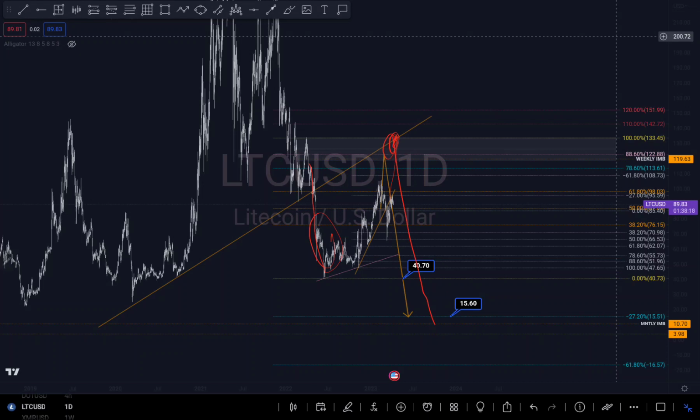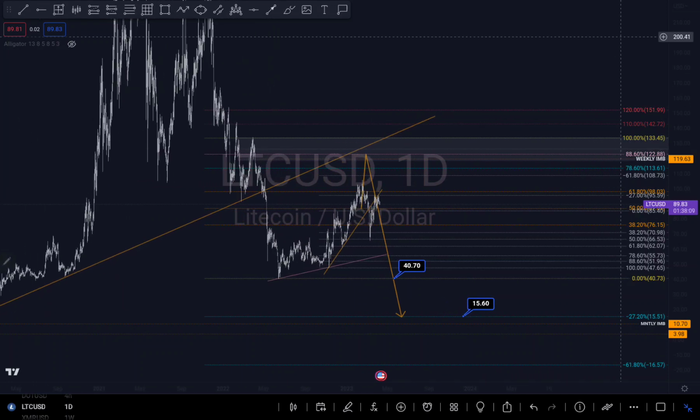So I said because there was a break of structure around this level, there's a possibility it might push up right here to retest this trend line, and there are a lot of confluences around that trend line as well. We can see a possible trend line retest at that level right there.